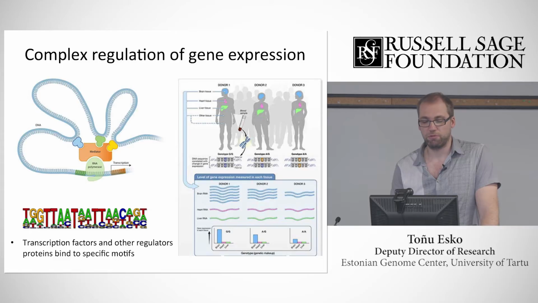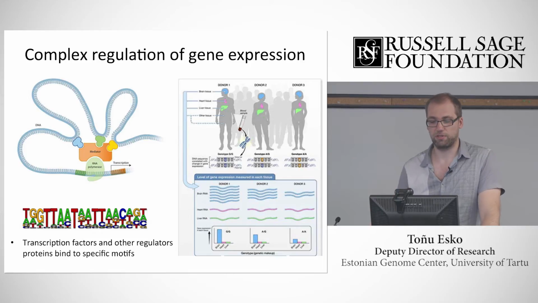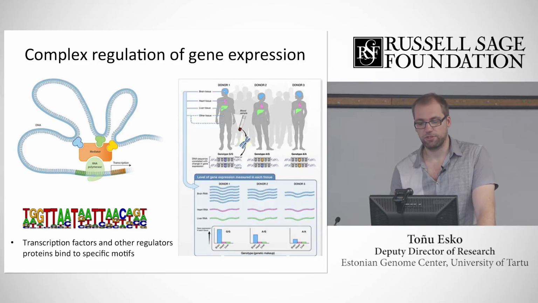So this binding motif for a given regulator is not clear cut, but it has a higher affinity for certain combinations than others. And there, for example, let's say this position here has a much higher affinity if there is a T allele or nucleotide, and much lower where there is an A allele.